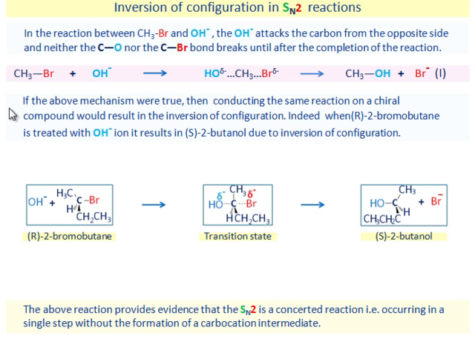If the above mechanism were true, then conducting the same reaction on a chiral compound would result in the inversion of configuration. Indeed, when (R)-2-bromobutane is treated with hydroxide ion, it results in (S)-2-butanol due to inversion of configuration.